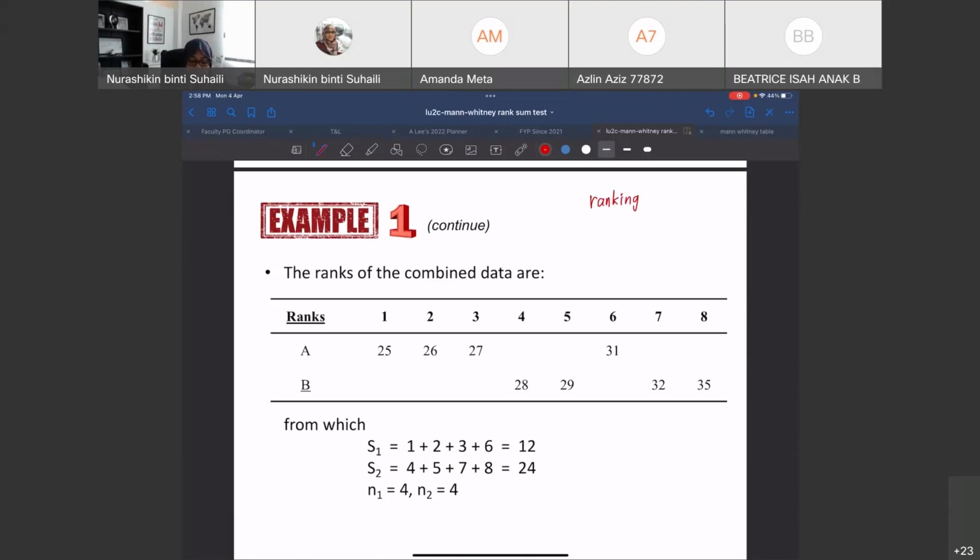So these are the data, right? When we combine the data, it means we see the two samples as one big sample, and we start ranking. The lowest one is 25, so we rank it as number 1, number 2, number 3.